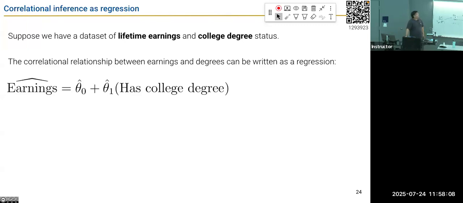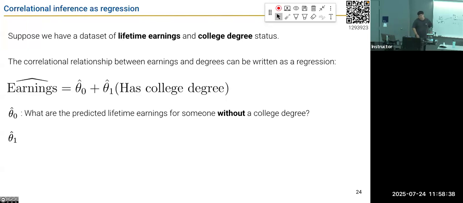So you can set up a simple linear regression model. Why does this work? Well, think about the interpretations of theta zero hat, your intercept, and theta 1 hat, your slope. So what does theta 0 hat do? If this person has no college degree, the predicted lifetime earning will just be theta naught hat.